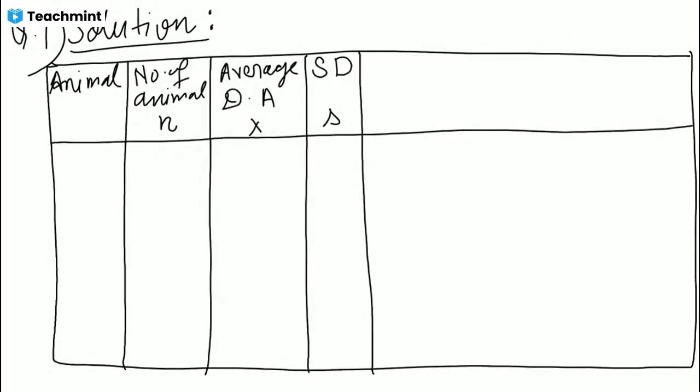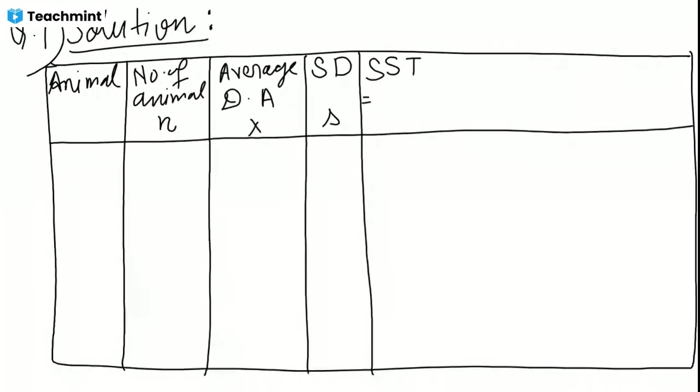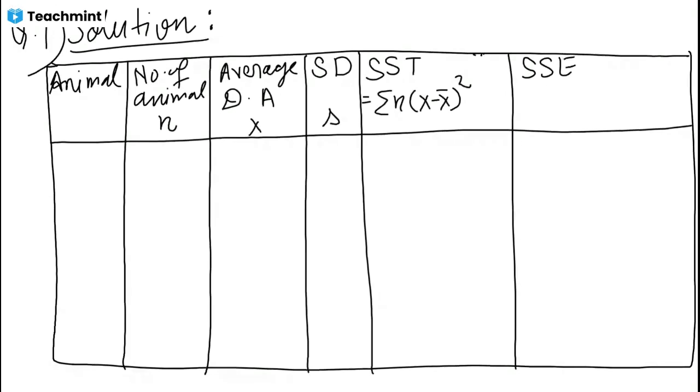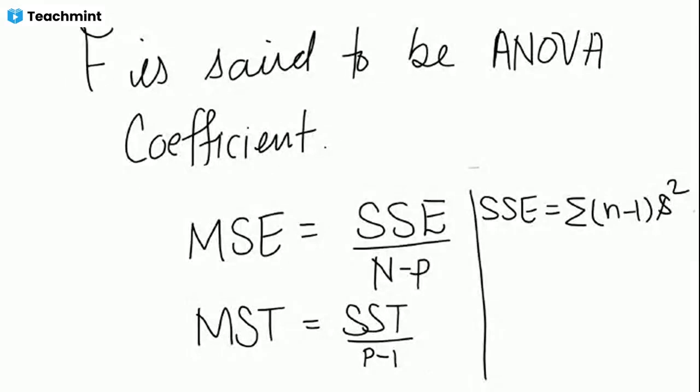Let us find SST first, and this is equal to summation n into x minus x bar square, and SSE is equal to this one, summation n minus 1 into s square.